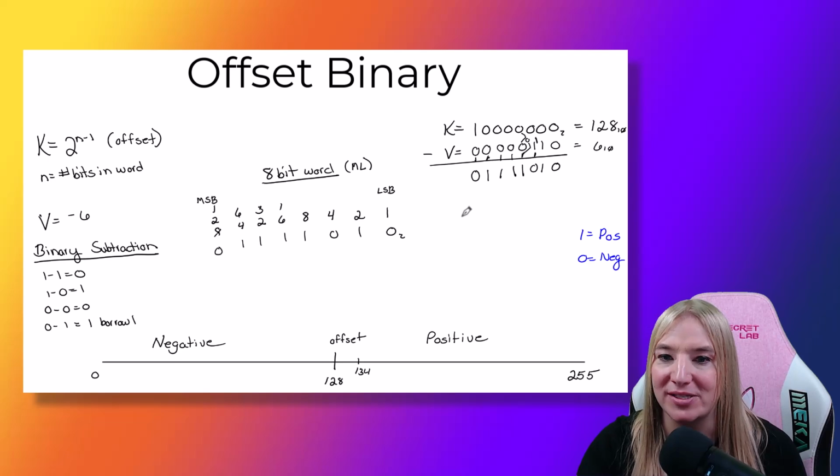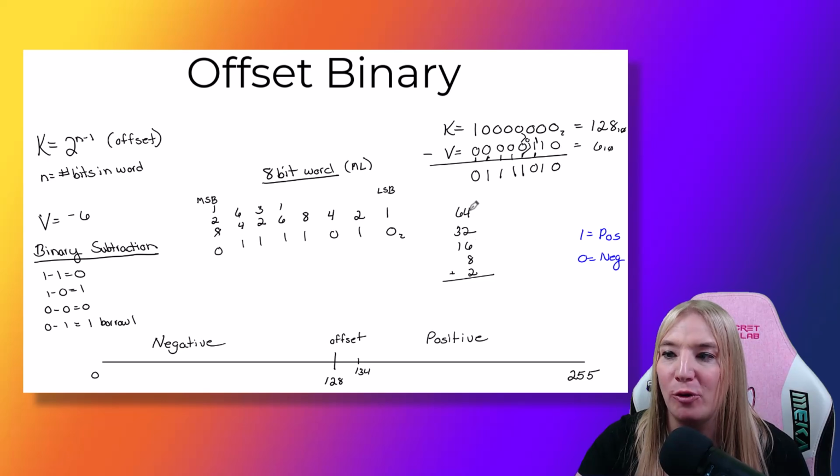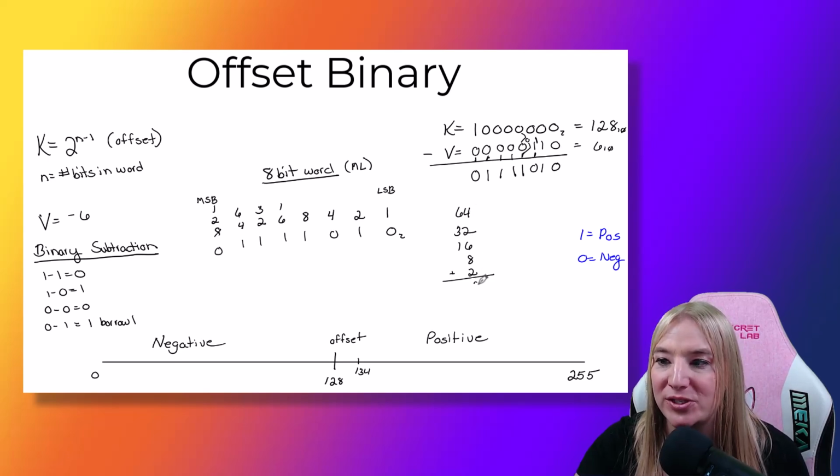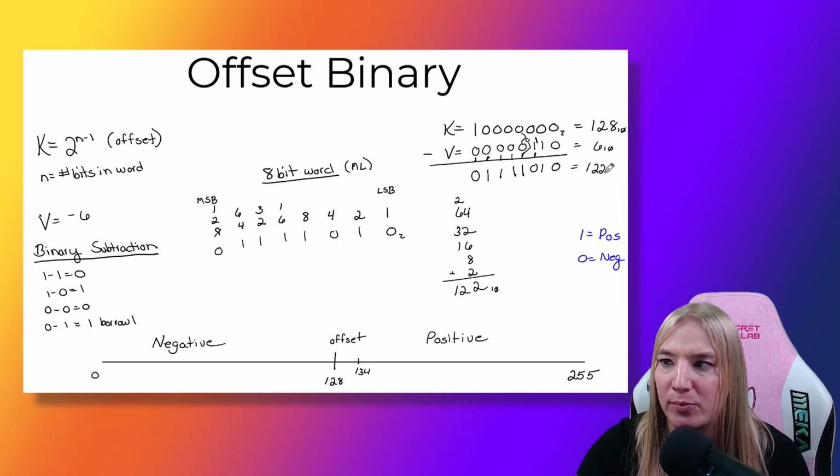If we add those values up, that is where the cool part comes in. 64 plus 32 plus 16 plus 8 plus 2. 8 plus 2 is 10, plus 2 is 12, plus 4 is 16... adding it all up, we get 122 in base 10. So that's what this number is equivalent to: 122 in base 10.